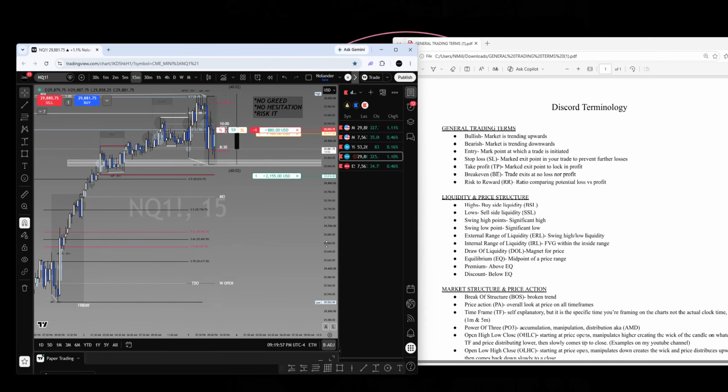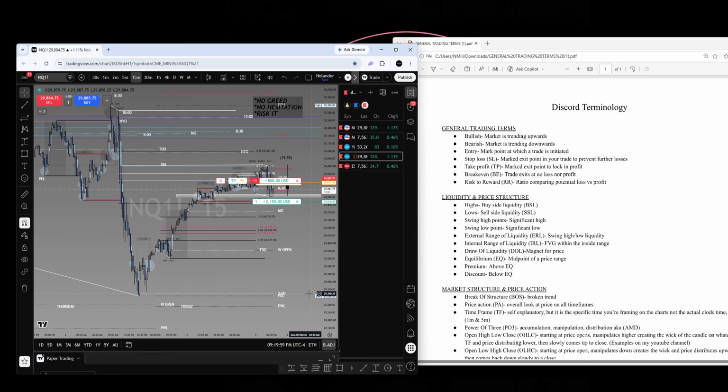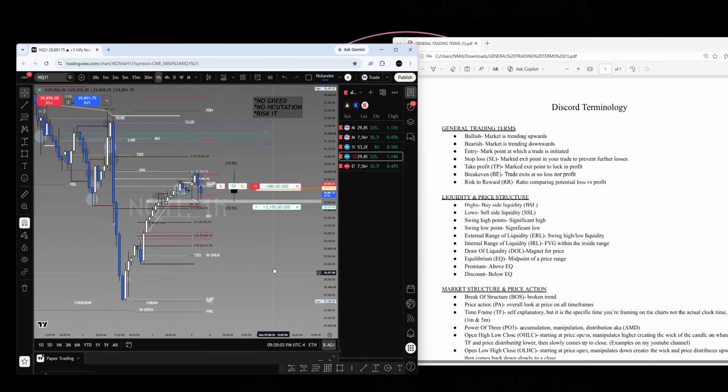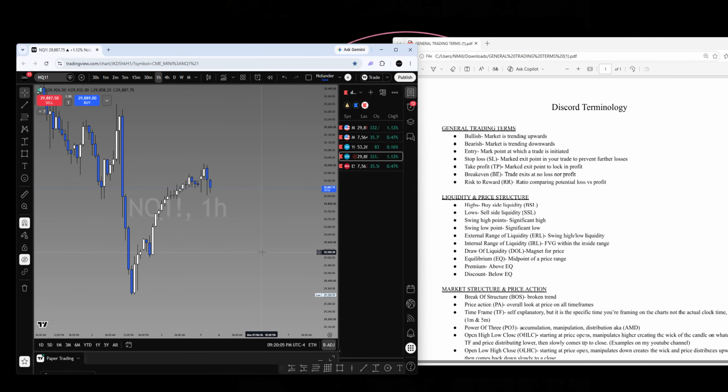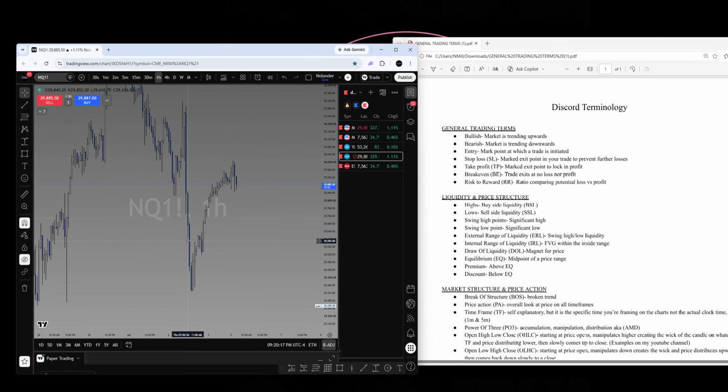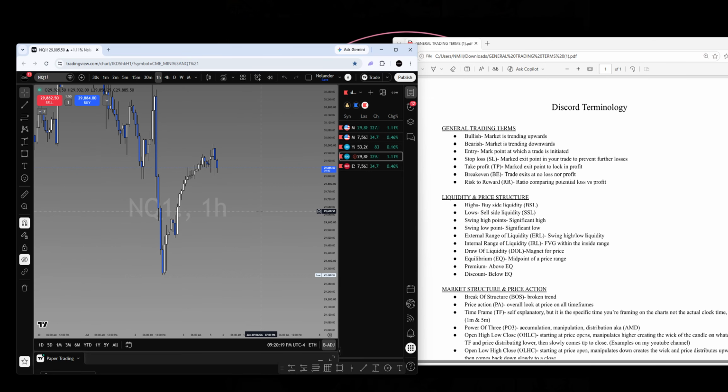A bearish market would be vice versa. If you guys focus on a higher time frame, obviously bigger hourly candles going down towards these relative equal lows if possible. Again, a bullish market would be us seeing white or green.